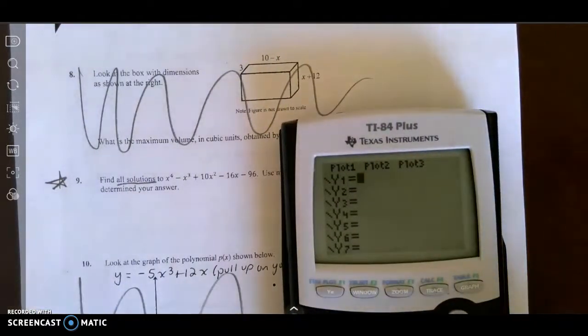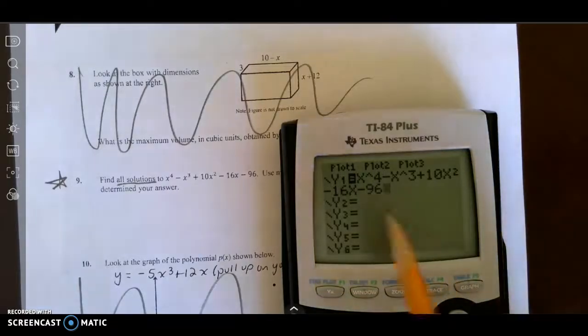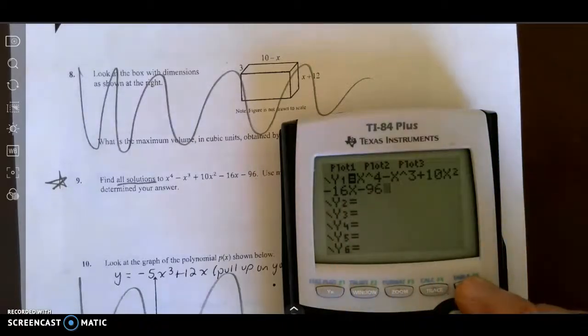And then I'll have to find all my non-real solutions using the quadratic formula. So let's start with x to the 4th minus x to the 3rd plus 10x squared minus 16x minus 96. Let me check it. I want to make sure I typed it in correctly. Good. Hit graph.